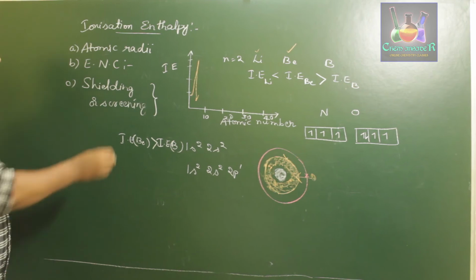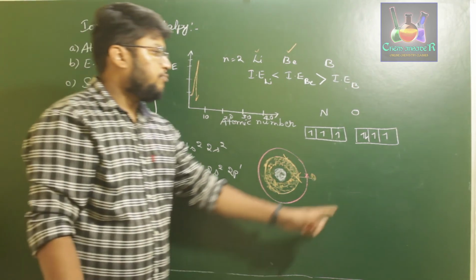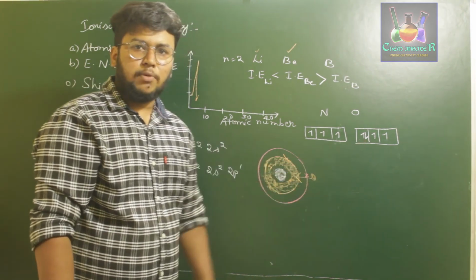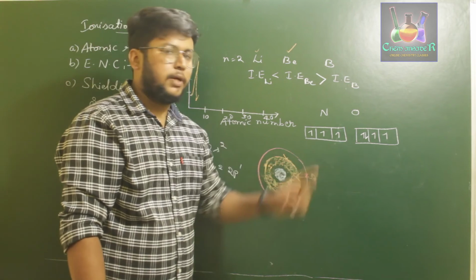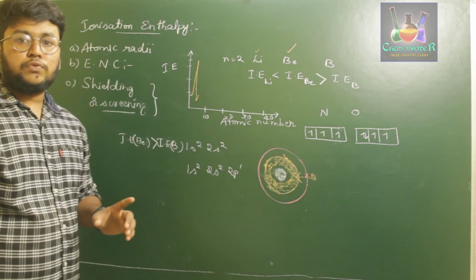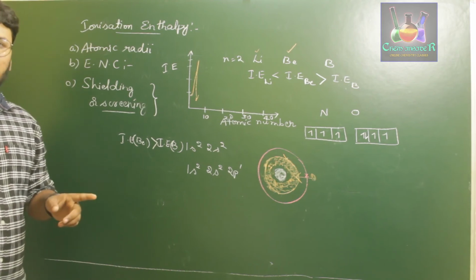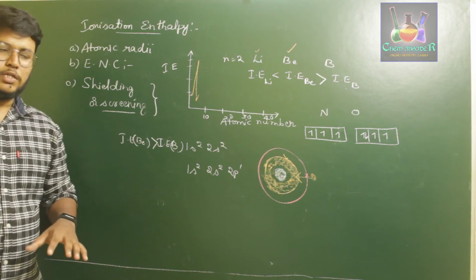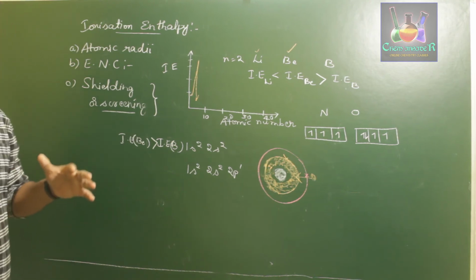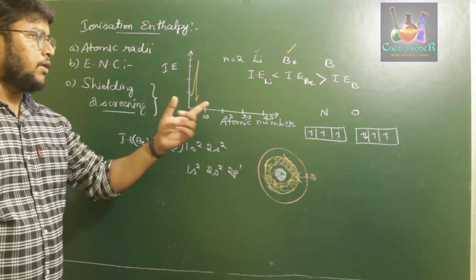Now we have come across the screening effect. What the screening effect is here is, because of the presence of 2 electrons in the same suborbital, those 2 electrons will have a repulsion between them. Therefore, they show a tendency to lose that electron quite often when compared to nitrogen.